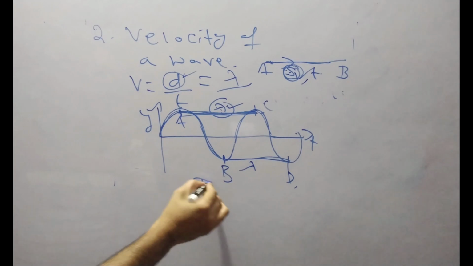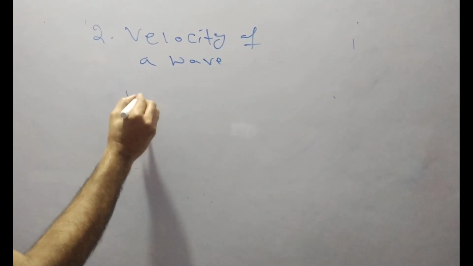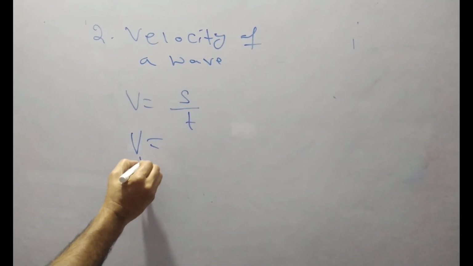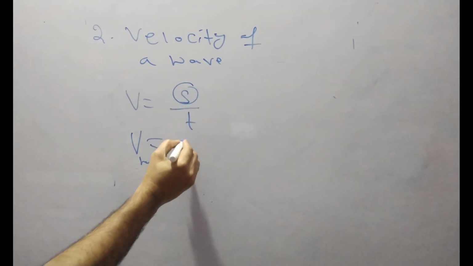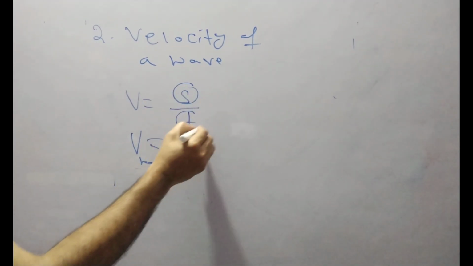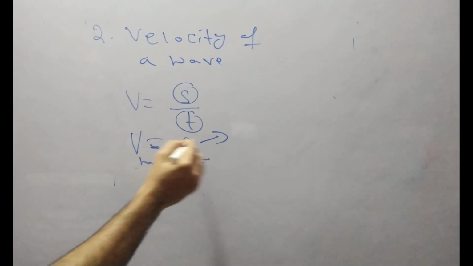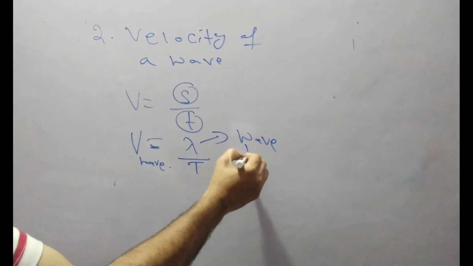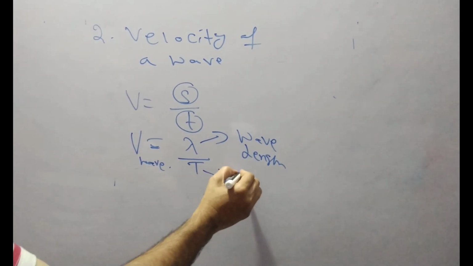Whenever the object is moving in a straight line, velocity is distance by time, s by t. But for a wave, the distance is lambda, the wavelength, and time is the time period. So the velocity of a wave is lambda by t.